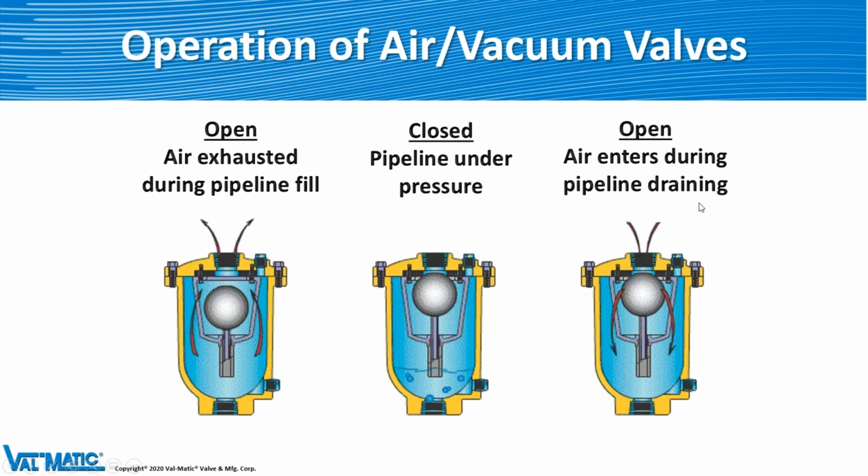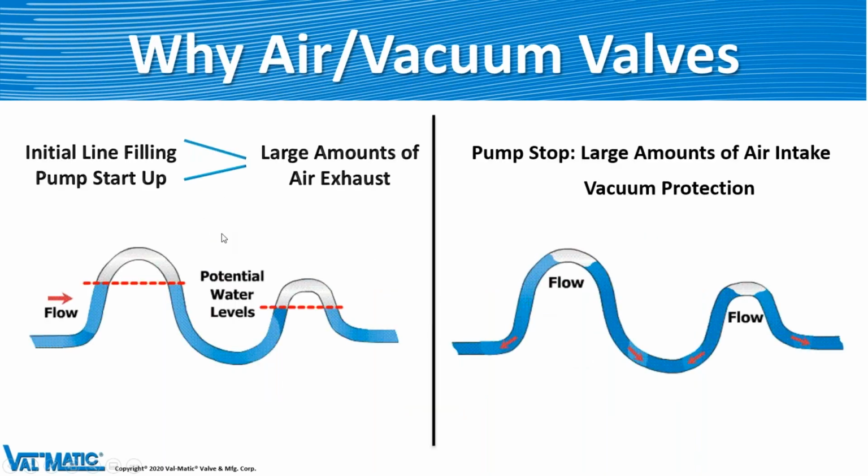So when you're starting to get draining, dewatering, whatever you want to call it, a failure in the system where everything drops, once the pressure drops, then the flow drops and the air comes back in. So you don't create a vacuum in your piping system. So what happens during initial pump fill up, large amounts of exhausting air in your high points has to get out of there. So that's what the air vacuum valve does.